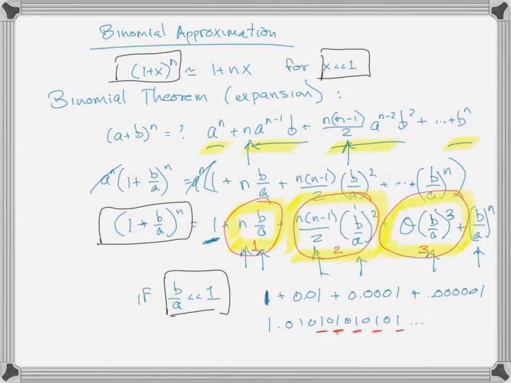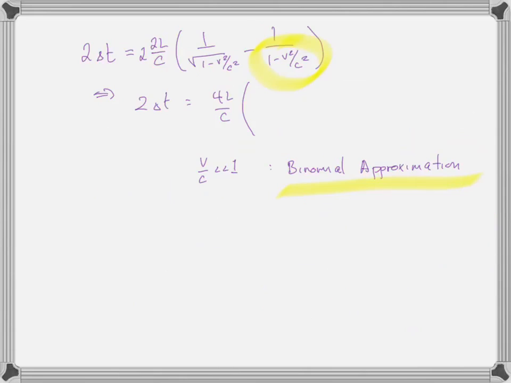If we take v over c, we know that the velocity of the ether and also the velocity of any measurable object on Earth that's not in an atom smasher is going to be much, much less than c.